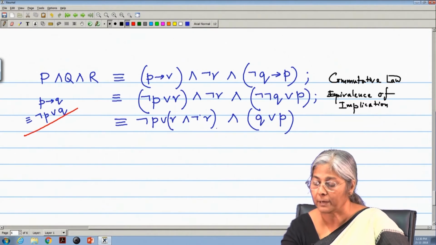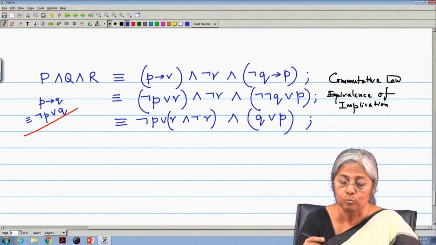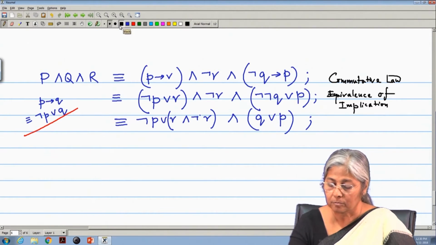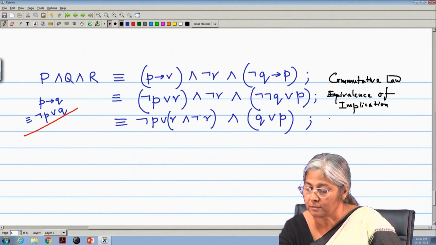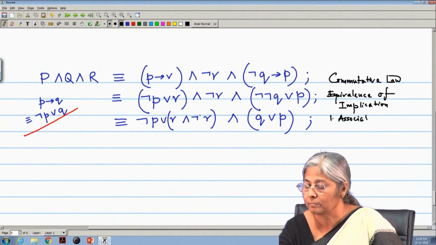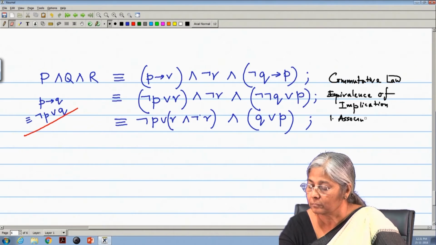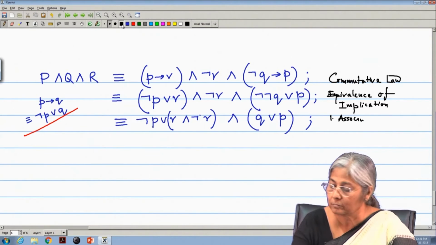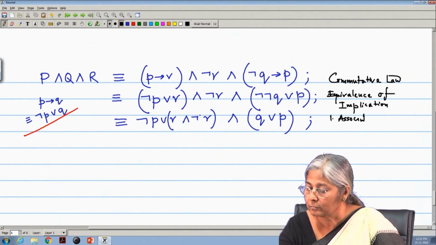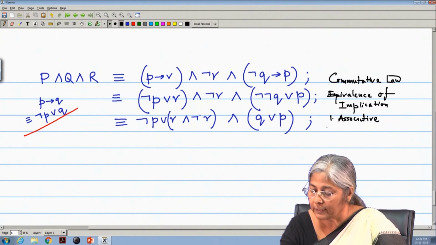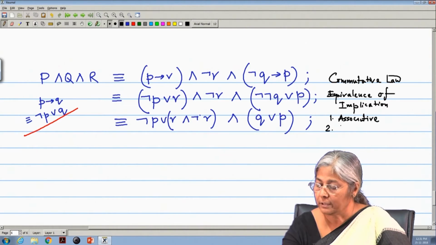Here we have applied two rules: one is associative, second is double negation.